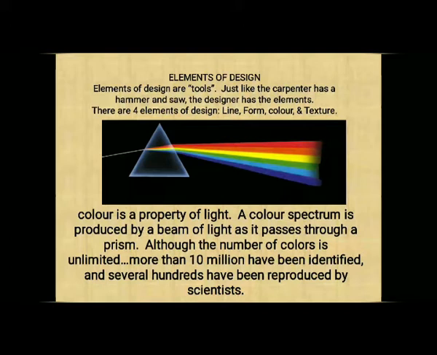So color is a property of light. A color spectrum is produced by a beam of light as it passes through a prism. Although the number of colors is unlimited, more than 10 million have been identified and several hundred have been reproduced by scientists.